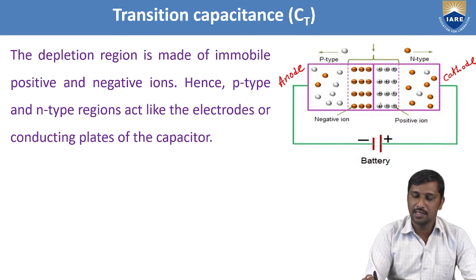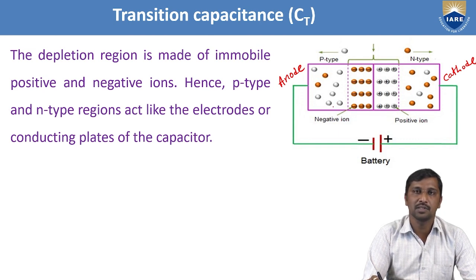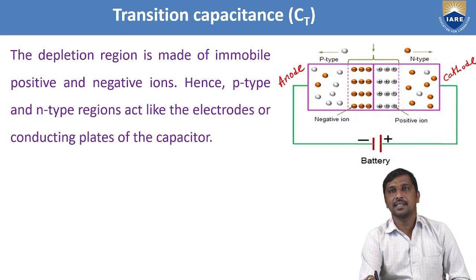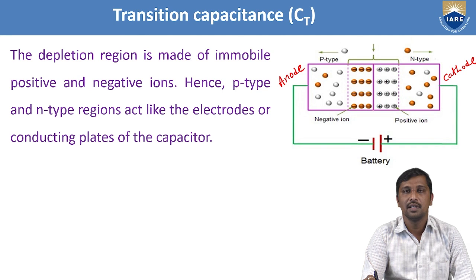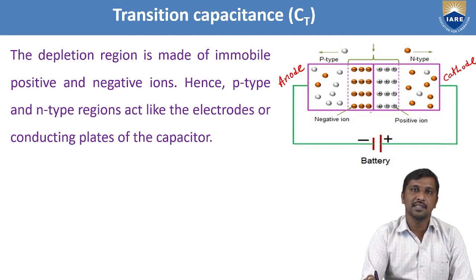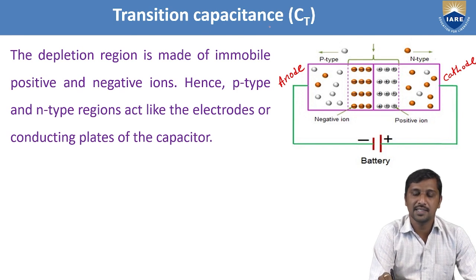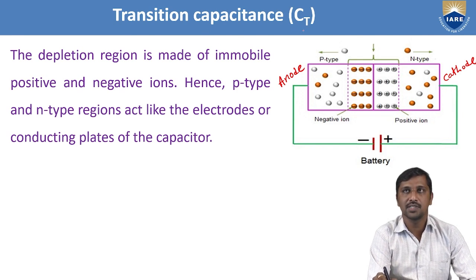So this P type and N type region acts as conductors or electrodes, and this media acts as a dielectric media for these two conducting plates. From that principle, it acts as a capacitor. Hence, we are measuring how much capacitance occurs under this reverse biased PN junction diode. That is represented as the transition capacitance, CT.